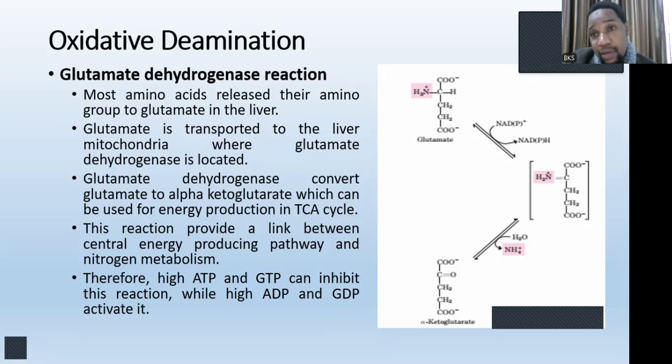One thing we know about alpha-ketoglutarate, if we do carbohydrate metabolism, is that it is a metabolite of the citric acid cycle, and that can also be a connection between this nitrogen metabolism and the citric acid cycle.